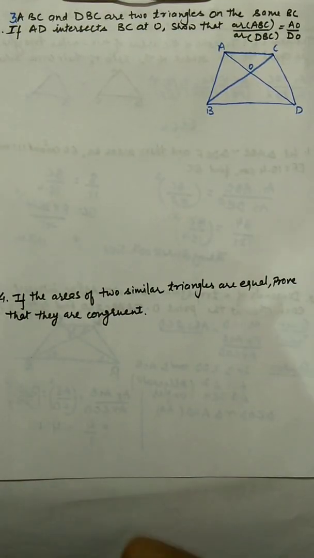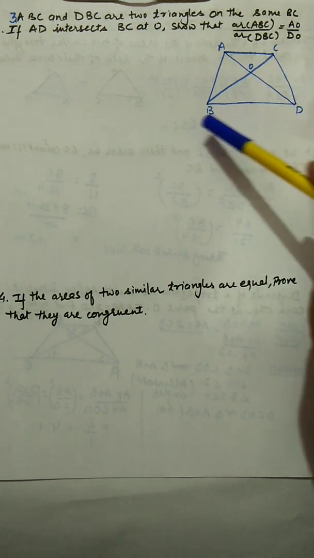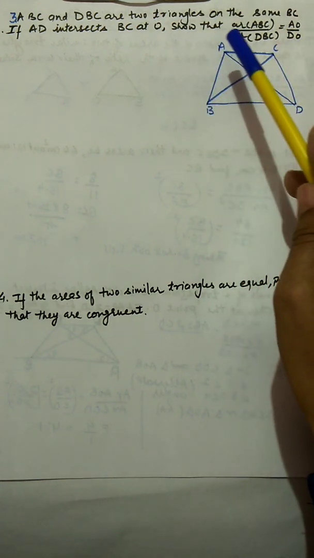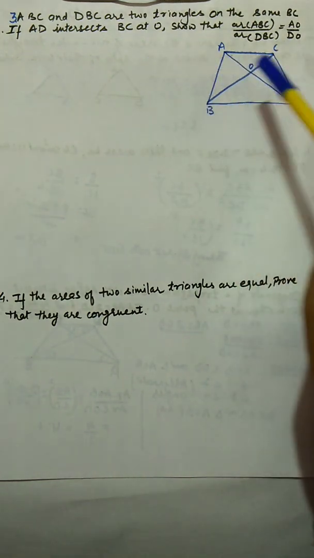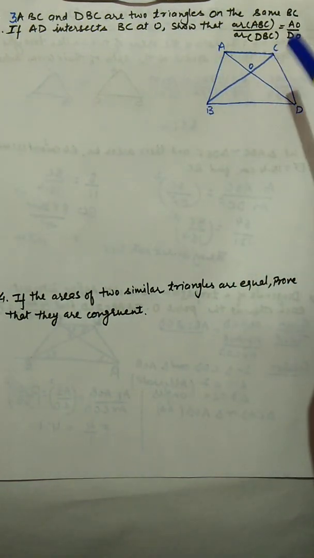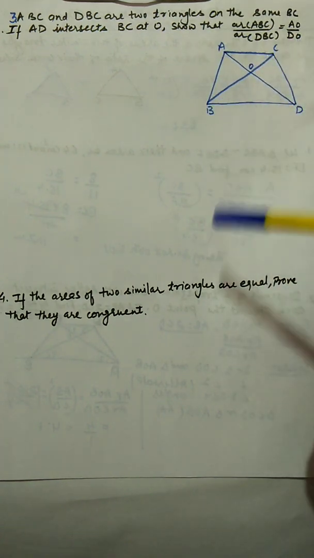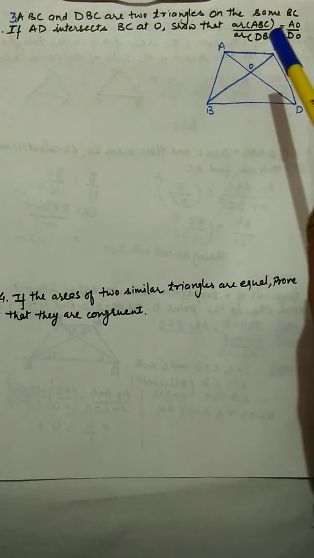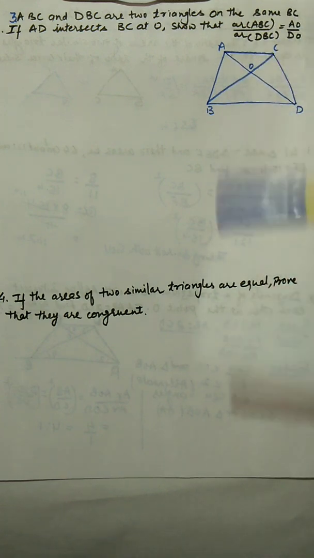Now question number 3. This triangle ABC and this triangle DBC, there are two triangles on the same base. BC is the same base, and AD intersects BC at O. You can see here O, this is the intersection point of BC and AD. You have to show that the ratio of area ABC and area DBC is AO upon DO.